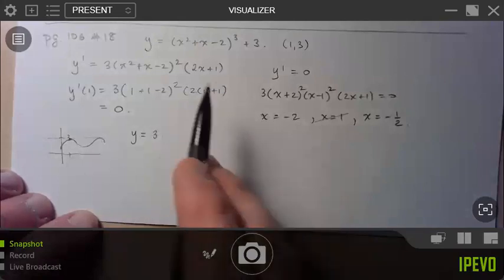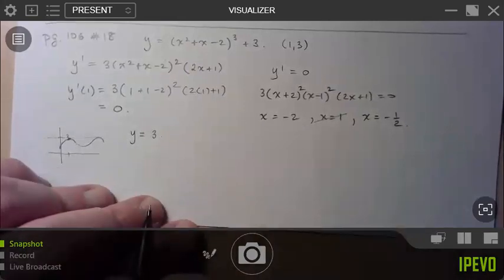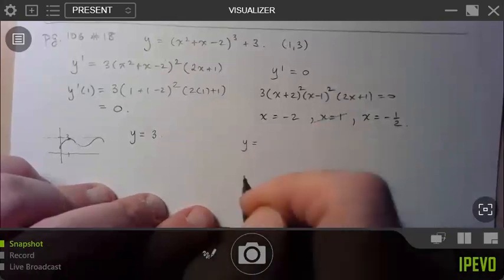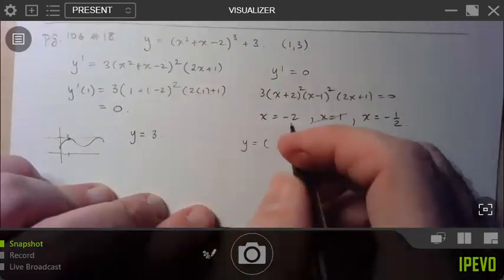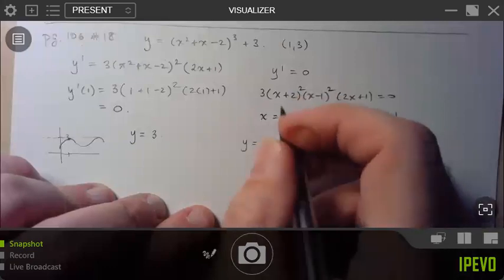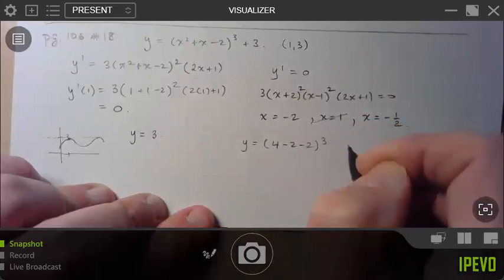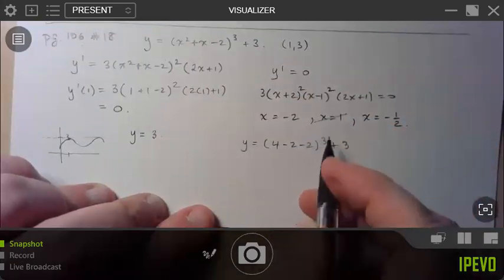So let's now, by the way, I think you can probably see which one it's going to be. So let's try x equals -2. And what happens when I put -2 into my function? Well, I end up with (-2) squared is 4 plus -2, so -2 minus 2 cubed plus 3. And hey, this whole thing becomes 0.